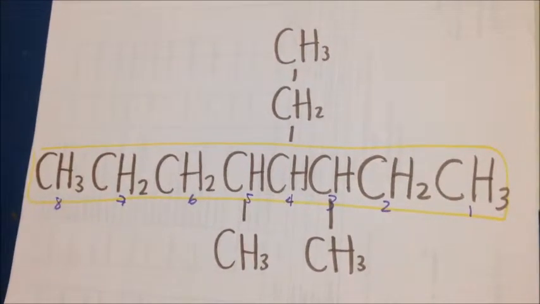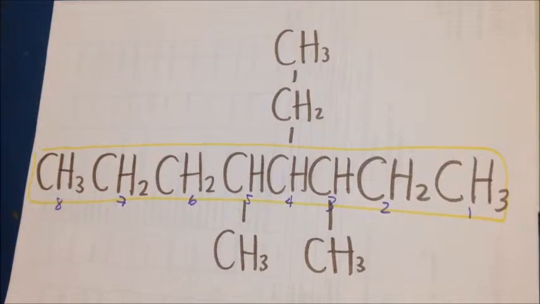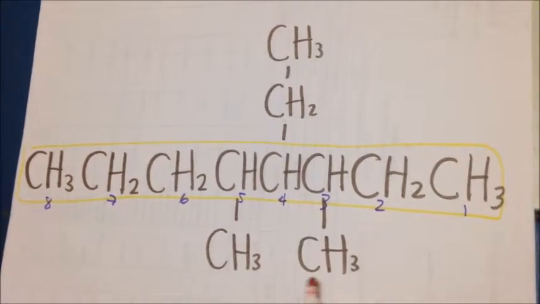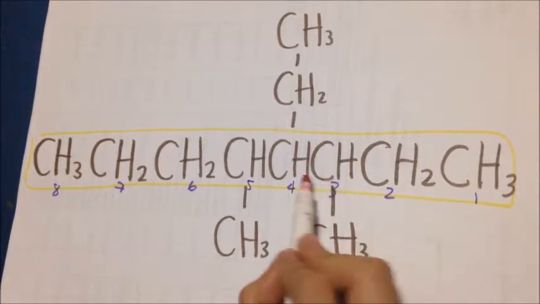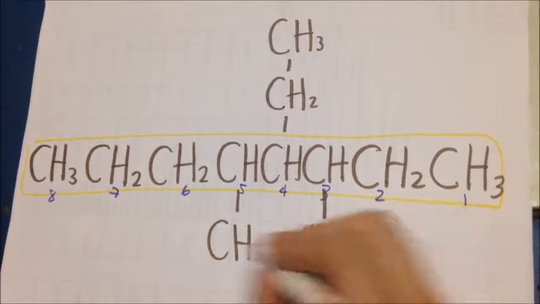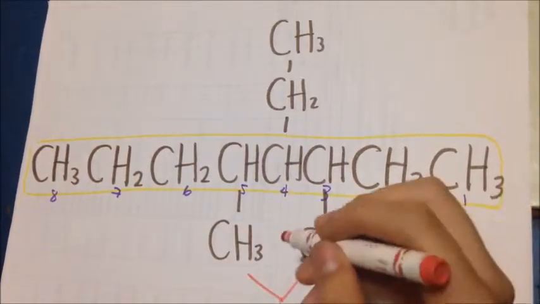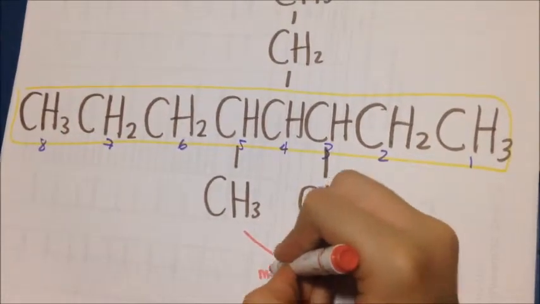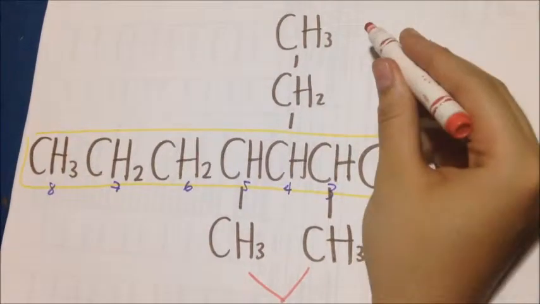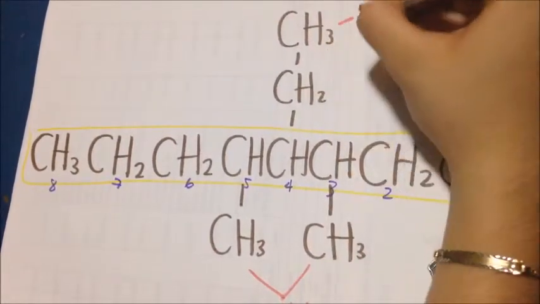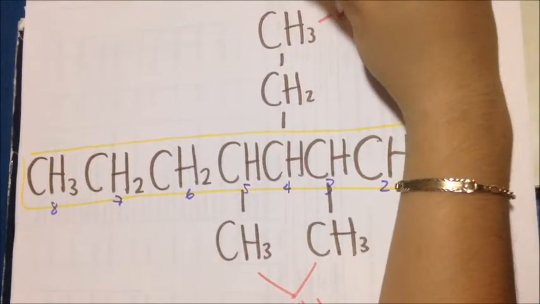Then I will name each alkyl group substituent. In this case, this, as it has 1 carbon attached to the chain, is methyl. And this one that has 2 carbon atoms is ethyl.